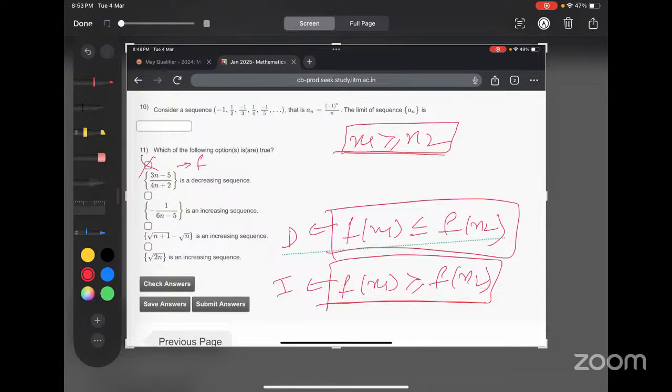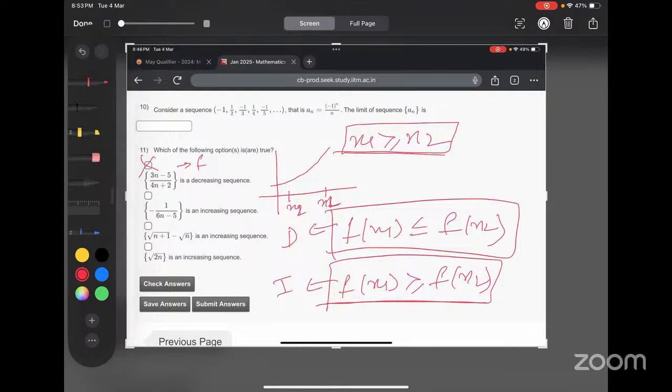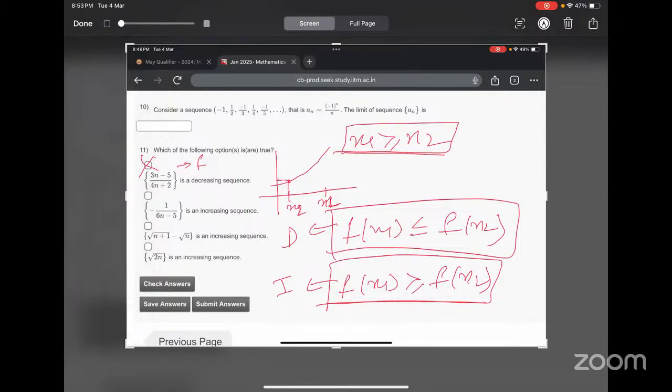Decreasing, and this is increasing, right? So an increasing function means we know it will be like that. Suppose this is our x1 and this is our x2. Then x1 is greater than or equal to x2 here, right? Madam, that is why I told, like x2, we can take it as the next number. Then x2 will be greater and x1 will be lesser, no?